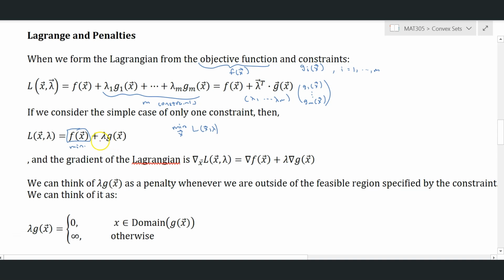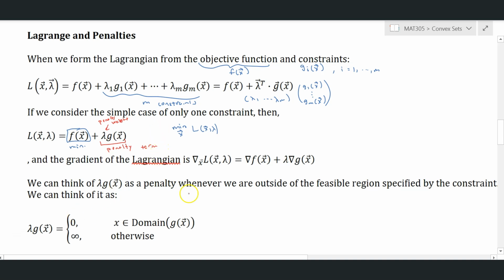And so what we can do here is think about lambda as a weight, or a penalty weight, and think about this as a penalty term. So we want lambda g of x to be 0 when we are inside of the feasible region, and we want it to be really, really large when we're outside of the feasible region.